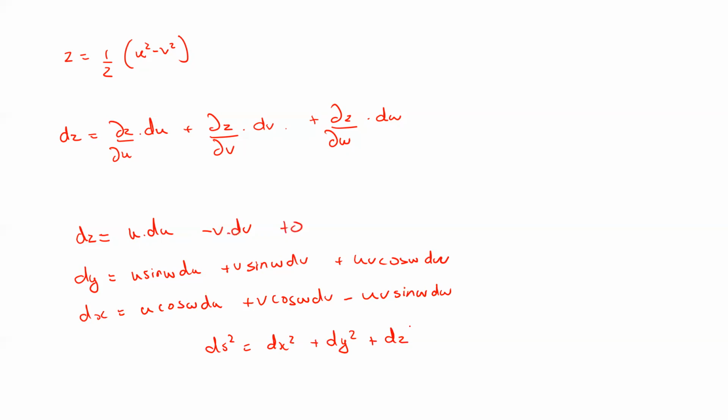So now we'll take the square of all these quantities and substitute that here, and you will get your new line element that is required. So just take the square of these quantities and substitute it here.